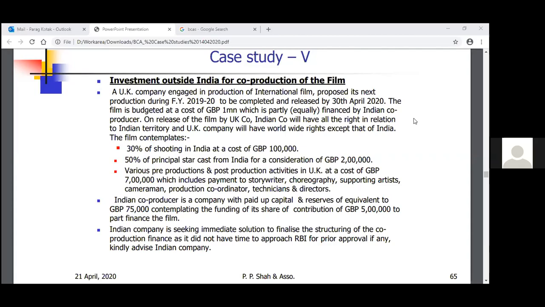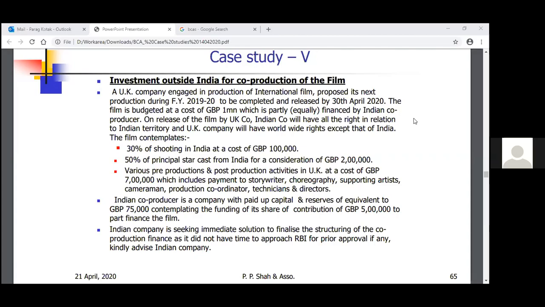The second requirement is that its capital is short of the limit prescribed in Regulation 6 of the Notification 120. If I have to spend 500,000 GBP as a contribution to the UK film company, then certainly my capital requirement is at least £125,000, whereas my capital is GBP 75,000 only.